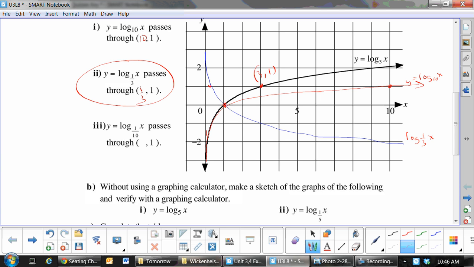Now, how could you prove that log 3 to the x is a reflection of log 1/3 to the x? Now, this is beyond impossible if you don't use your transformation unit. But can you tell me what, in an equation, makes something flip on the x-axis? Y going to negative y.